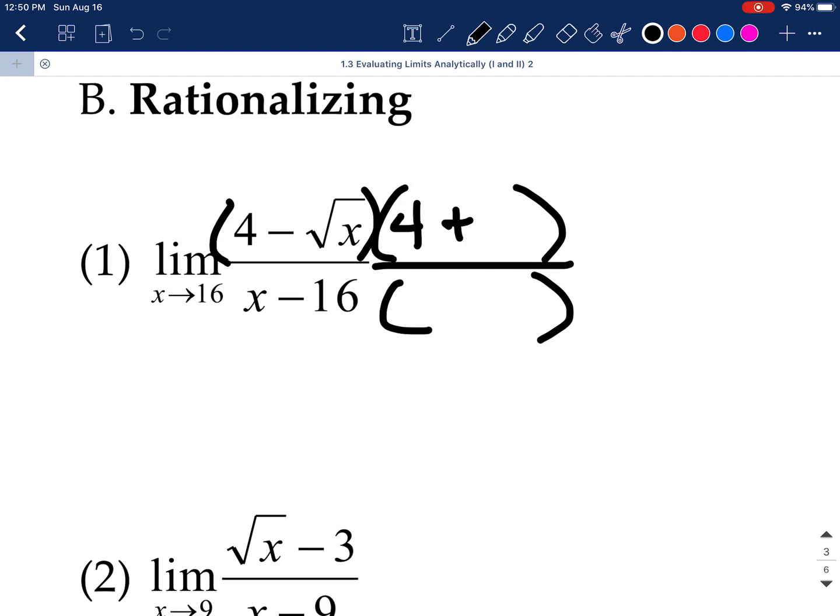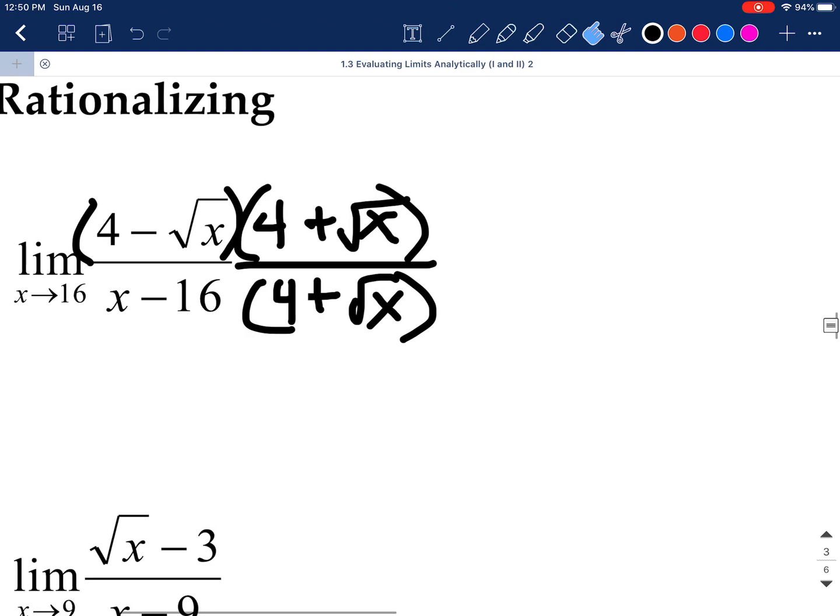You can also have 3 terms, and so if you have 3 terms, you might have to think a little bit about how the conjugate would look like. But the sign between the radical expression and the non-radical expression is going to change. So we'll have 4 plus rad x over 4 plus rad x. So we're really just multiplying this by 1. So again, that common technique of conveniently multiplying.